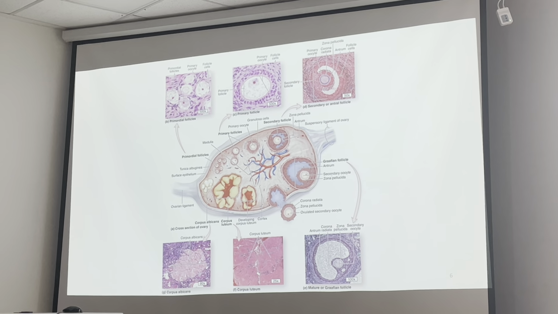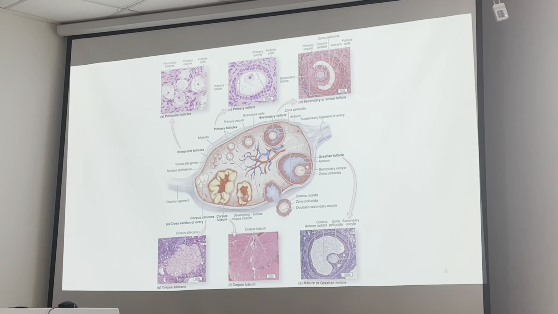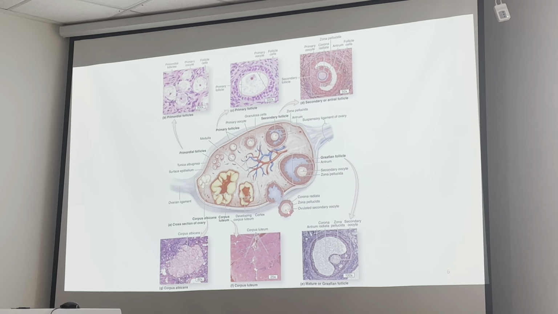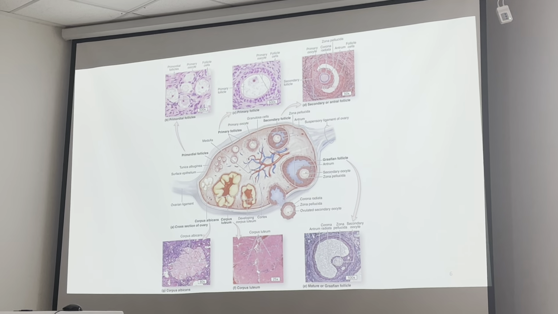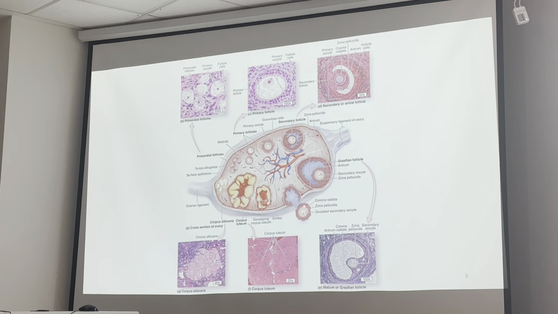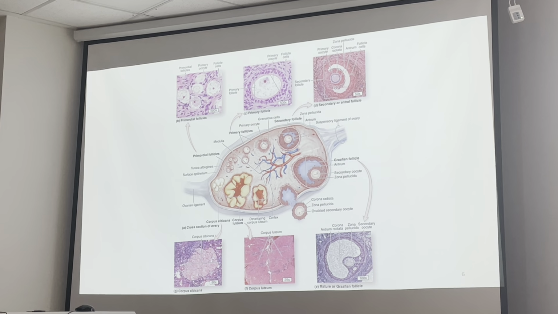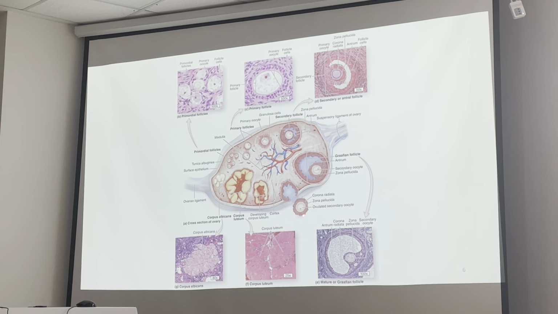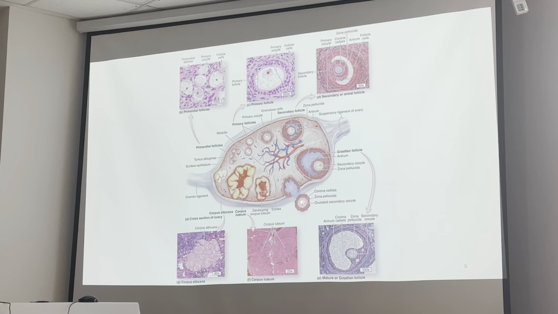After this area ruptures, the follicle goes to ovulation, and after ovulation you can see the secondary oocyte, zona pellucida, and first polar body, and also the corona radiata on the outer side.